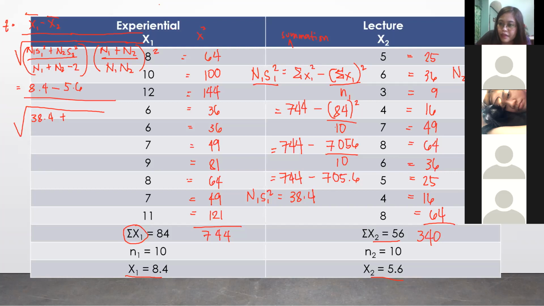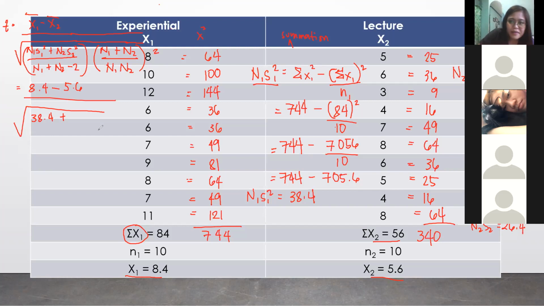Okay. 340 minus 3,136 divided by 10 is 313.6. So N2 S2 is equal to 340 minus 313.6 is 26.4. So maupod na atong gamitan karon sa pag-compute.